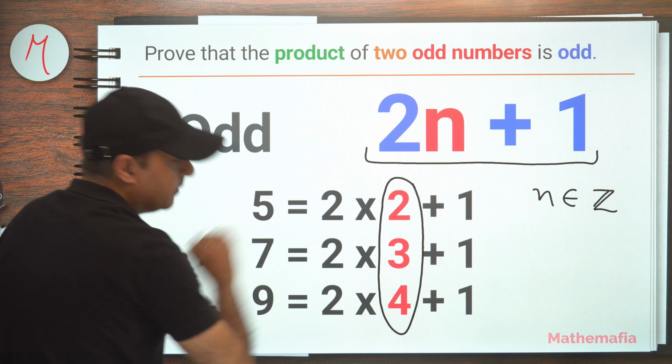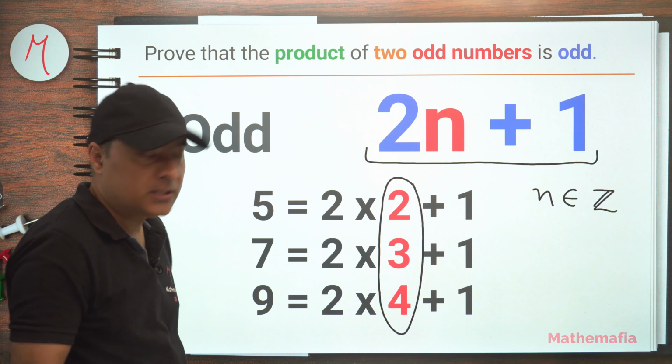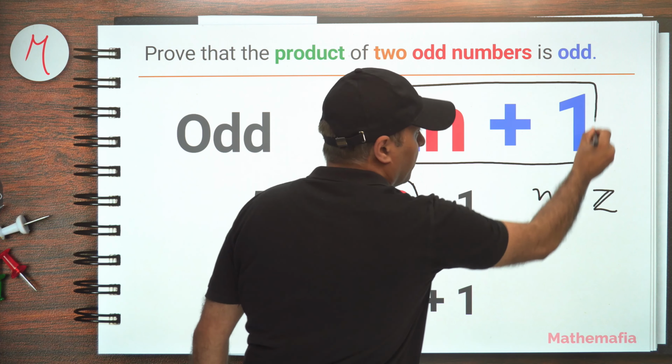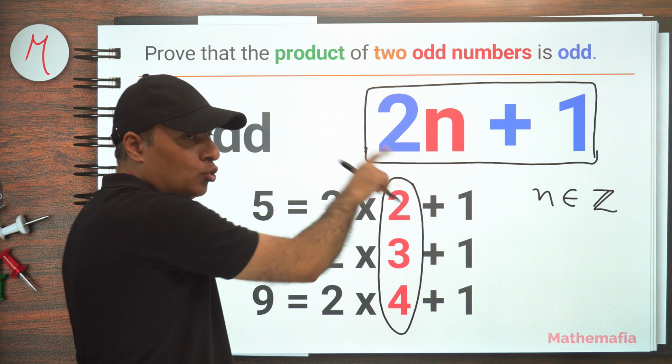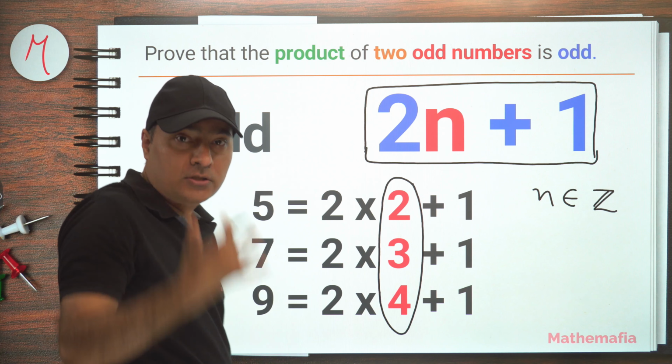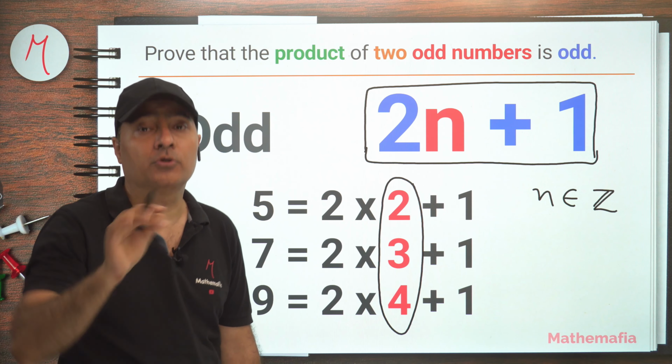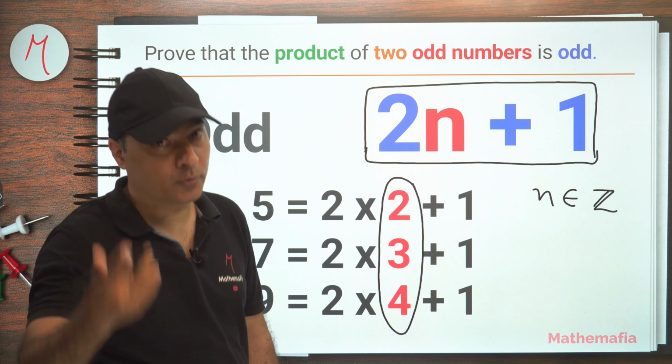Now what we have to prove is that if we multiply two such numbers, the result is also of the same form. So that's what we have to prove. So let's do it quickly. So let's take two odd numbers.